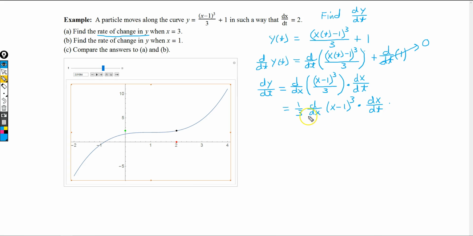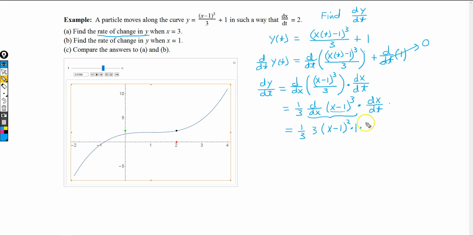And now to evaluate this piece right here, we just have to do a little application of the chain rule. We have to differentiate with respect to the inside, which is x minus 1. So this is going to be 1/3. I differentiate with respect to the inside here, so I drop the 3 down, times the inside squared. And then I have to differentiate x minus 1 with respect to x. That's just 1, right? So that's what I meant by just being a little application of the chain rule there.